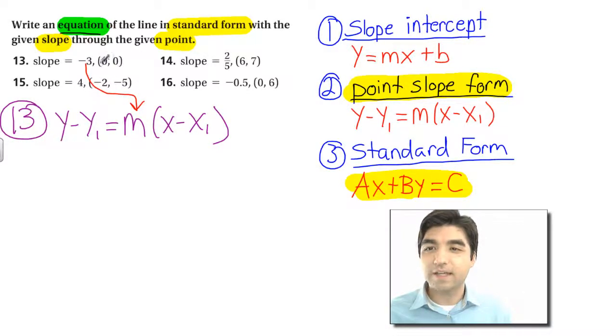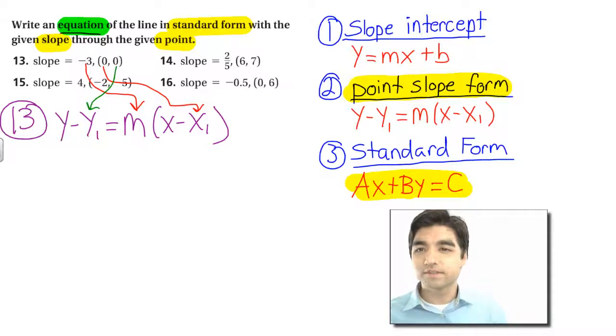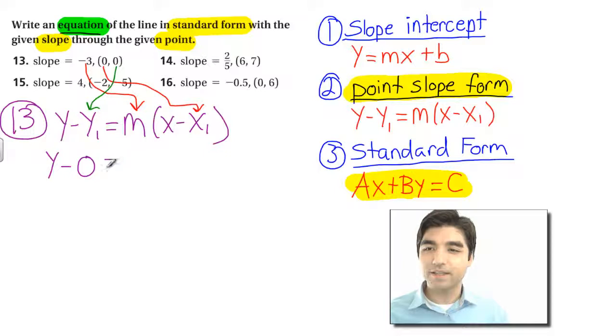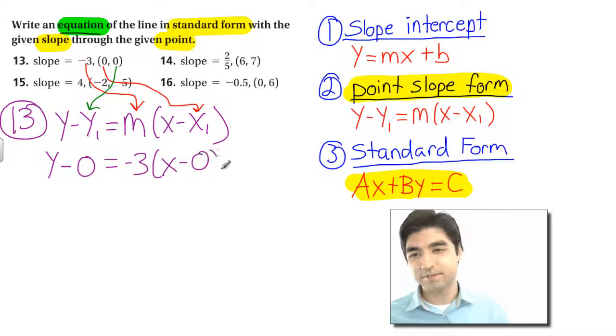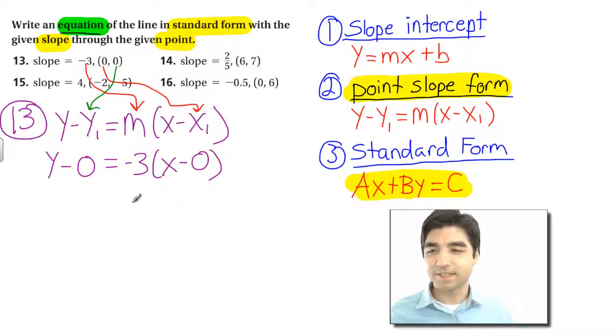So we have an x value here, which we're going to put right there, and we got a y value, which we're going to put for this y1. So if I replace those in here, we got y minus 0 equals our slope, which is -3, times x minus 0. So this should be an easy one since we got zeros.